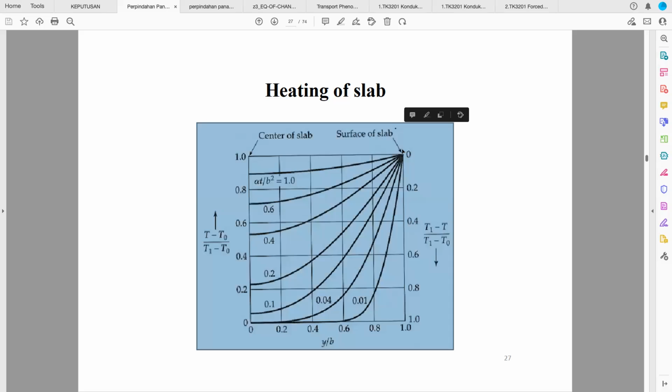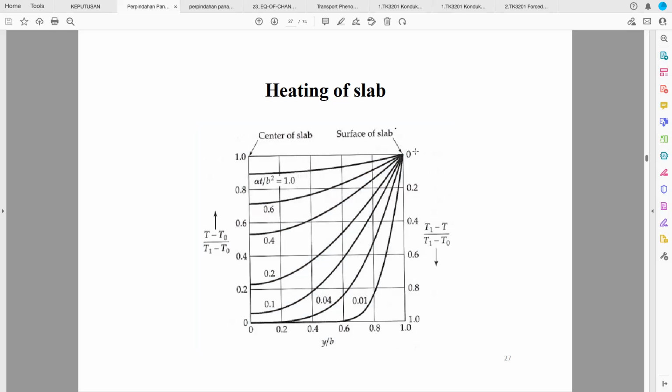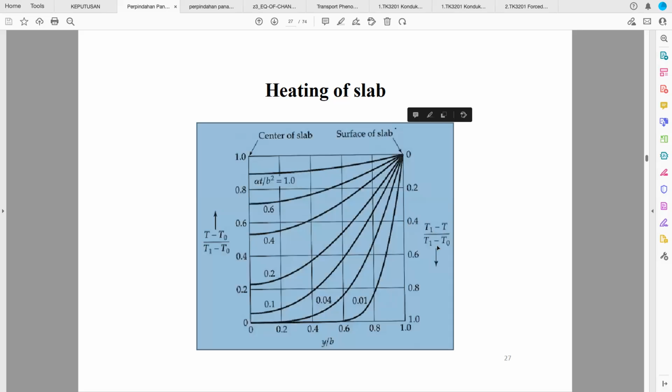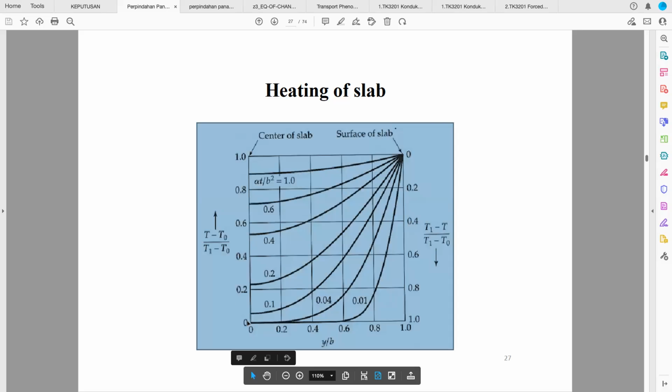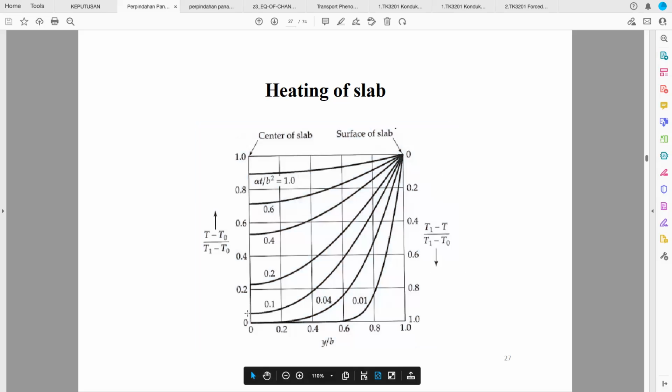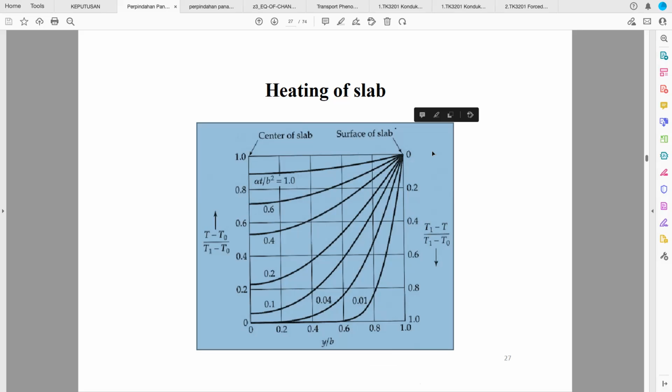For example, the surface has a high temperature, T0, and then the inner temperature is still very low, let's say T1.